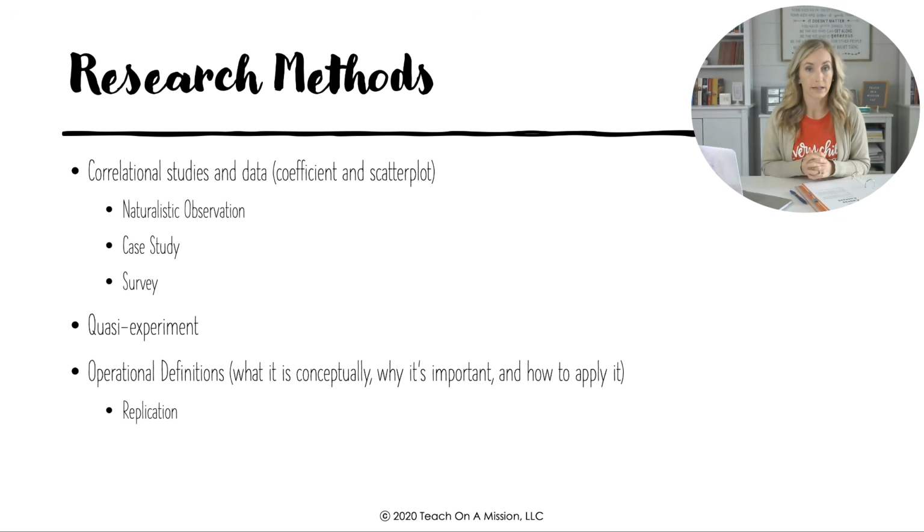Now, a quasi-experiment is important as well in that there are ethical guidelines that researchers have to meet, right? So let's say that a researcher wants to see the effects of psychoactive drugs on people, or the effects of caffeine or nicotine or anything like that on a developing baby, a fetus, right?